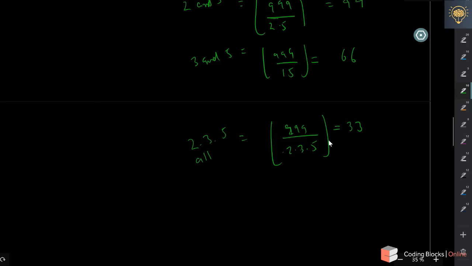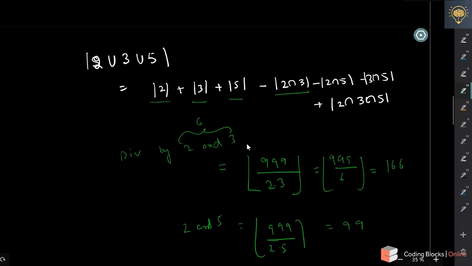Now you can clearly figure out what it is going to be. Let us add all these terms: 499 plus 333 plus 199 minus 166 minus 99 minus 66, plus 33. It comes out to be 733.